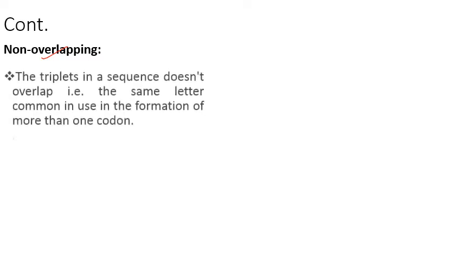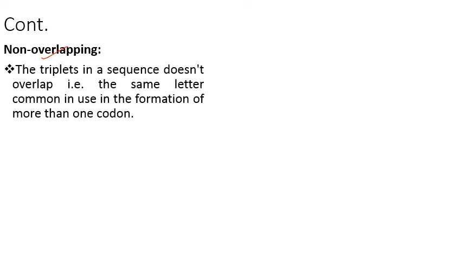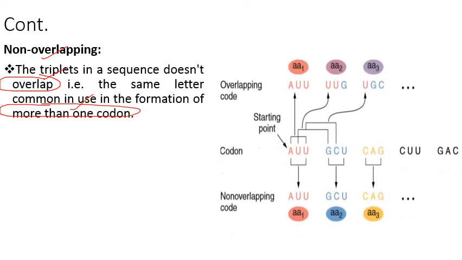Next important feature of genetic code is its non-overlapping nature. It means the same letter does not repeat in it. So the triplets in a sequence don't overlap. The codons do not overlap each other, the same letter is not used in the formation of more than 1 codon. So here we can see this is the codon.